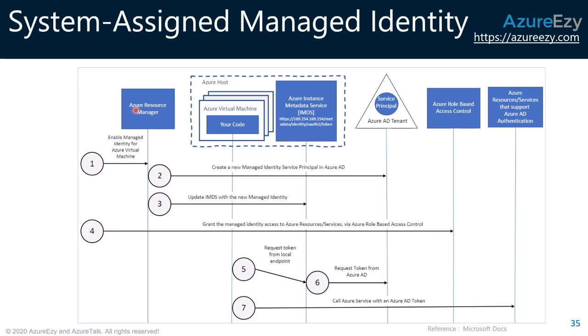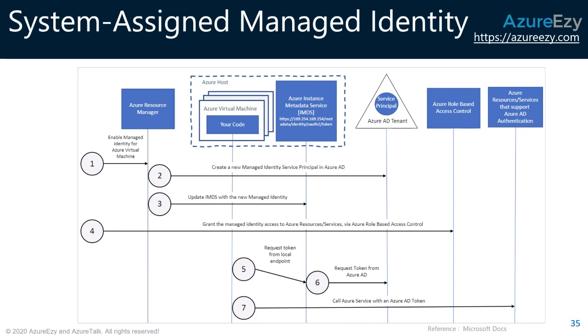This Azure Resource Manager will create an identity, a service principal, in Azure AD. In fact, managed entities are also one type of service principal. Internally, in the background, it is actually a service principal. So Azure Resource Manager will create a managed entity, and that is actually a service principal in Azure AD.